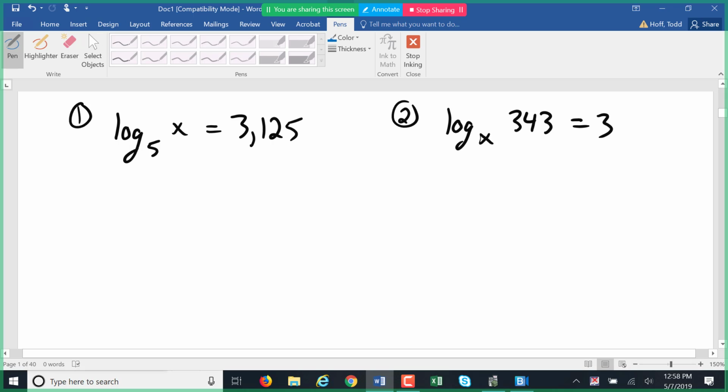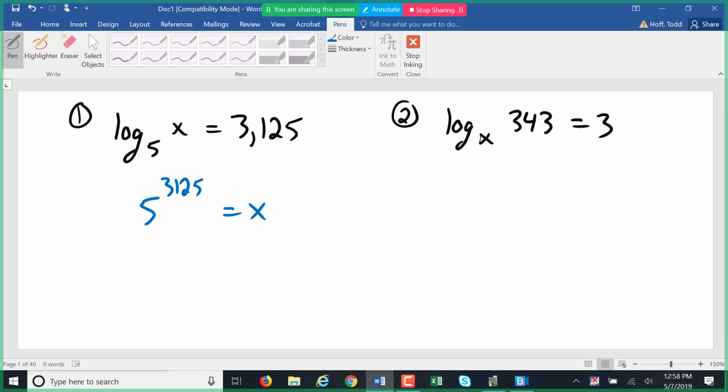So the first one would be rewritten as 5 to the power of 3,125 equals x, which is going to be a number that's way off the screen of your calculator, right? It's going to be exponential or scientific notation.